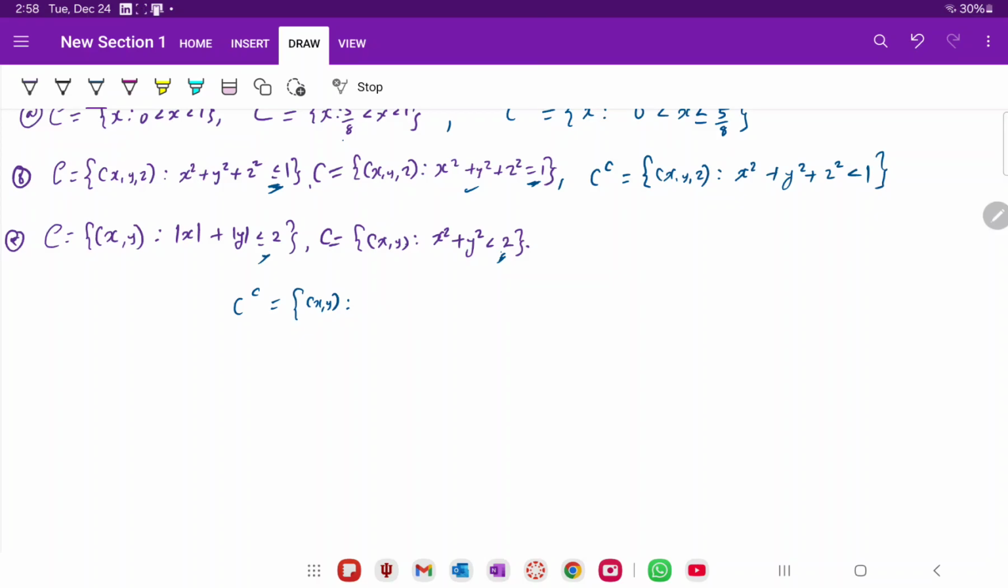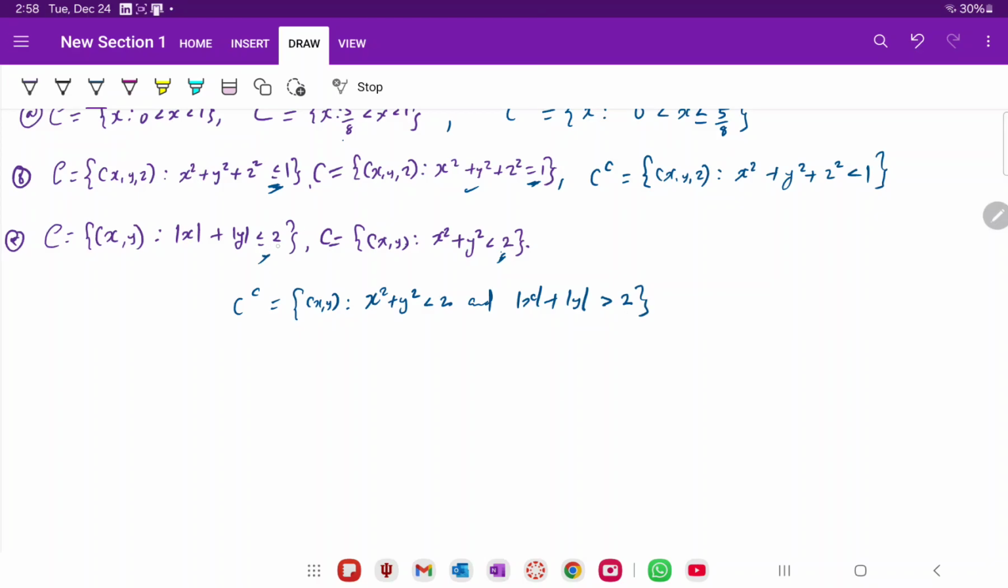The remaining part here will consist of all points that are not here, and that means they have to satisfy x squared plus y squared less than 2, and then the absolute value of x and y have to be greater than 2.